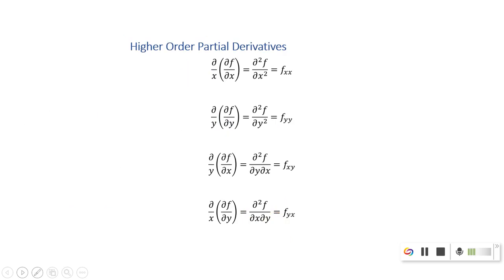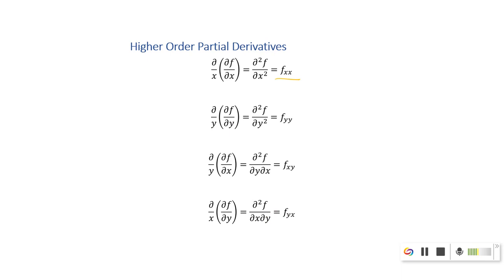Now, we can also define higher order partial derivatives, so second, third derivatives, etc. And so up on the screen, I have the notation that we're going to use. So if we want to take the derivative of f with respect to x twice, we can write that as f sub xx, or the d squared f dx squared.